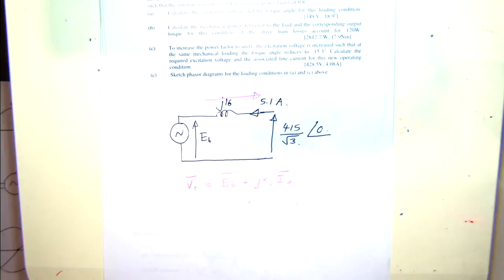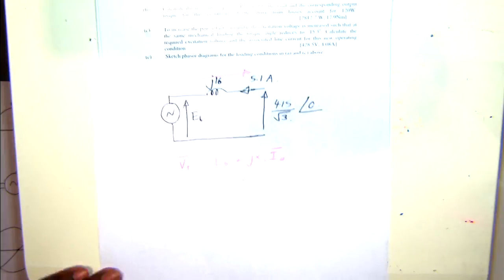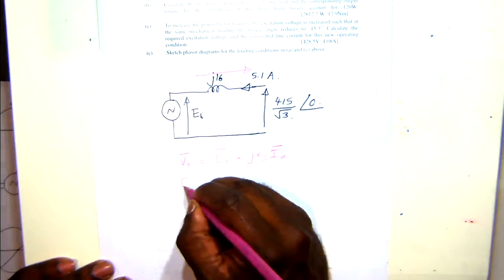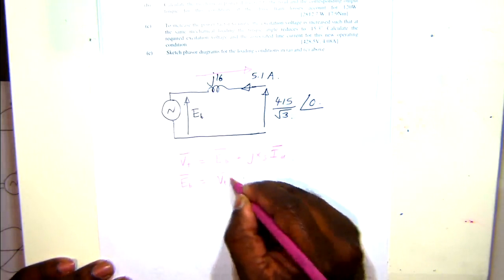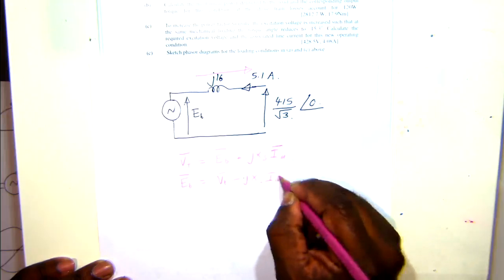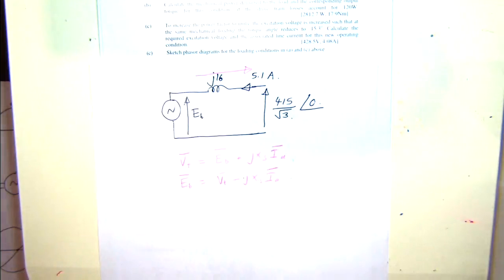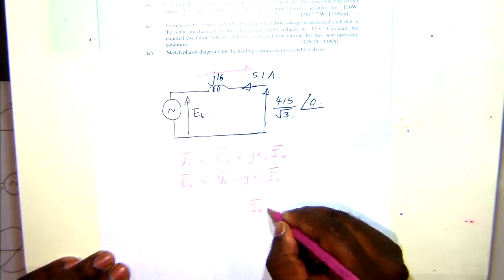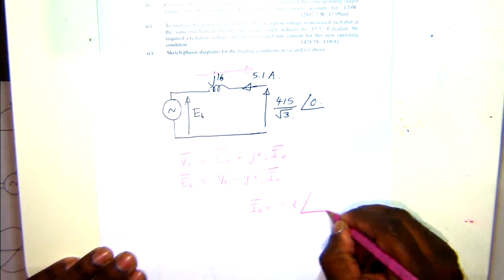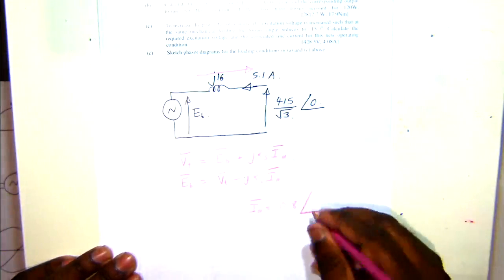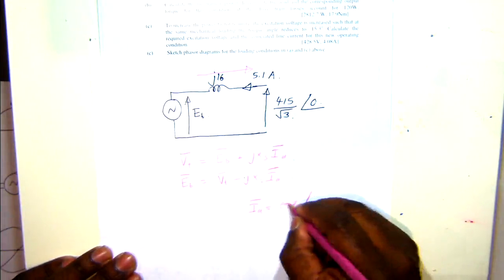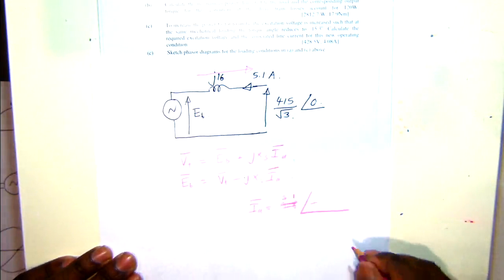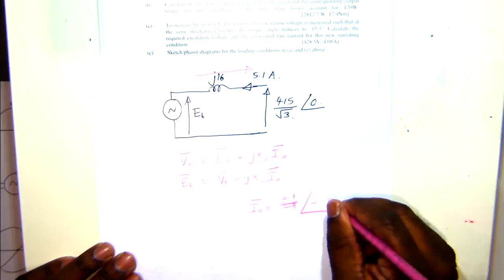That's the phasor equation. So we need to find Eb. That will be Vt minus jXs Ia. Vt we know, and the current magnitude we know as well, and the power factor is given as 0.8. So then you can find the phase angle of the current. So Ia phasor will be 5.1 magnitude, and because it's a lagging power factor, the angle is minus cos inverse 0.8.